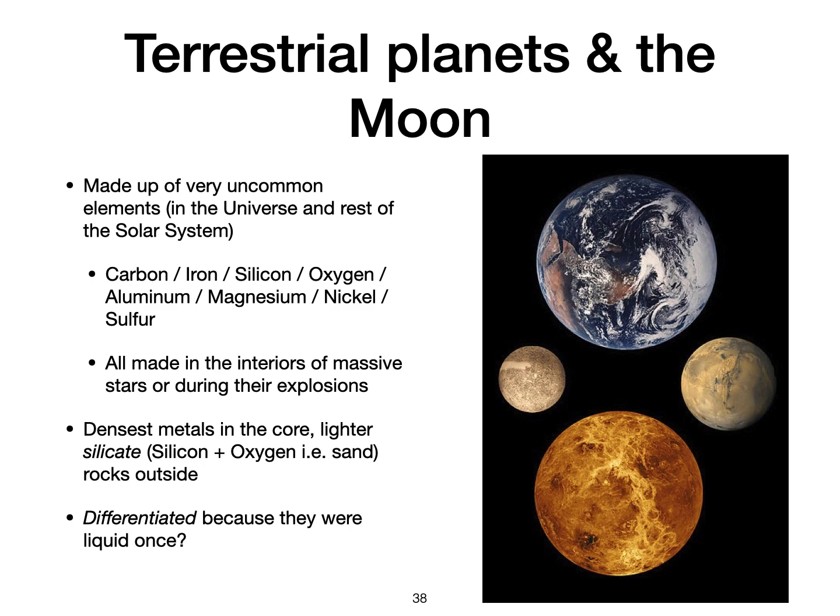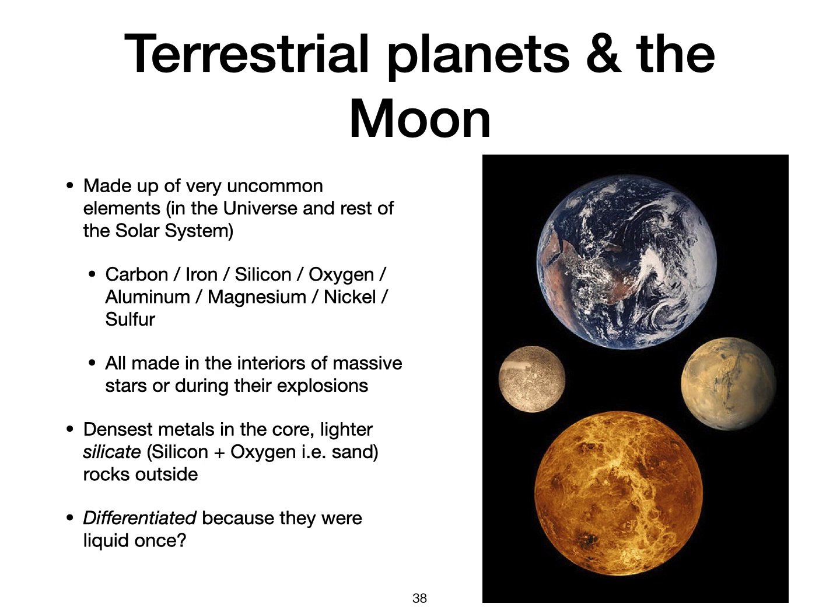So that differentiation is very common amongst a lot of rocky and icy bodies. And that gives us a very important clue. Differentiation does not happen when the body is solid. It can only happen when these atoms or compounds can move around freely, and that happens when the body is a liquid.